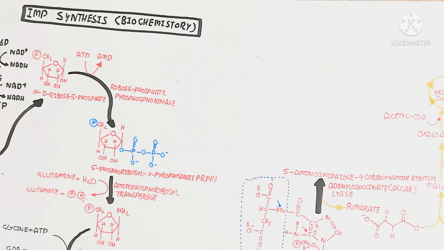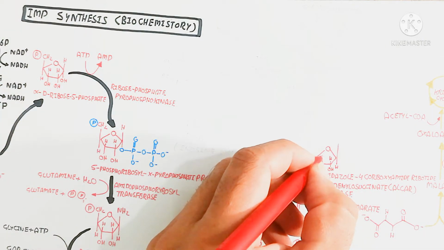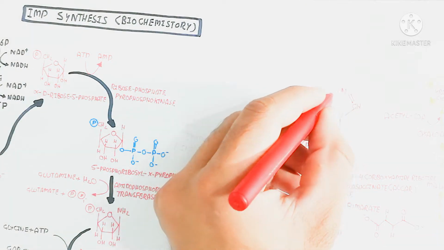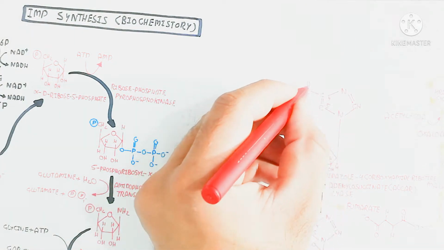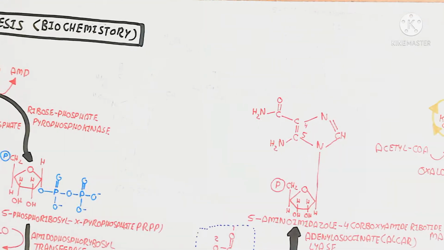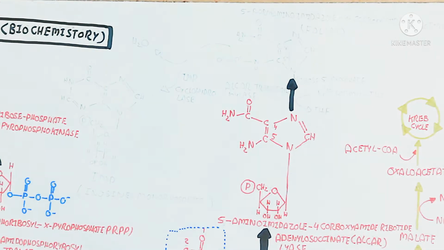On the other hand, the important thing is that the 5-amino imidazole 4-carboxamide ribotide formation will lead to further changes. Here you can see the phosphate group attached to the ribose, and the ring formation will begin.